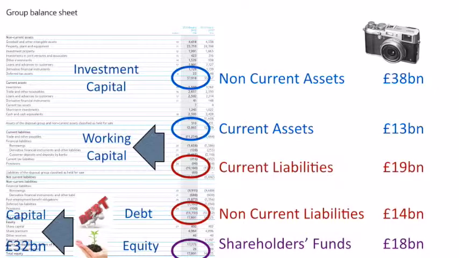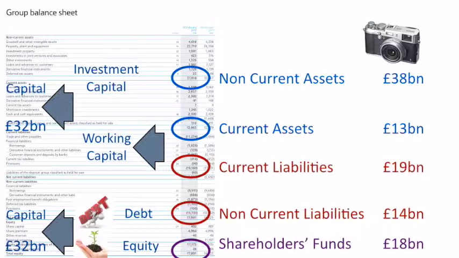The net current assets, that is, the current assets net of or less the current liabilities, is known as the working capital. In the case of Tesco, this is a negative figure of 6 billion. In effect, the net current liabilities, i.e. the current liabilities of 19 billion, exceed the current assets of 13 billion by 6 billion.